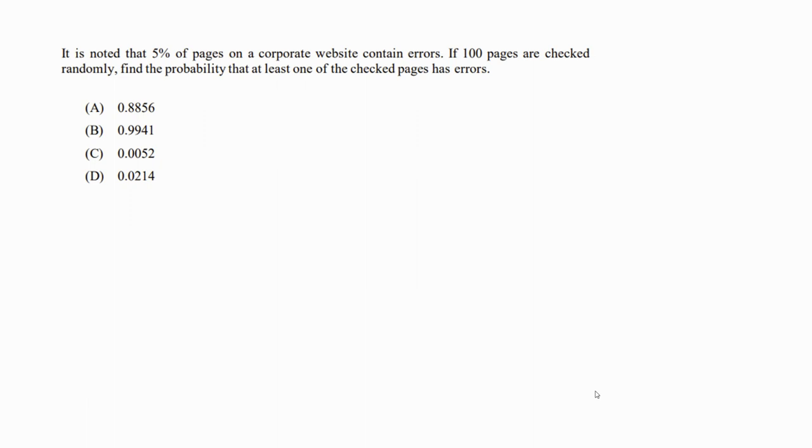So next is that it is noted that 5% of the pages on a corporate website contain errors.